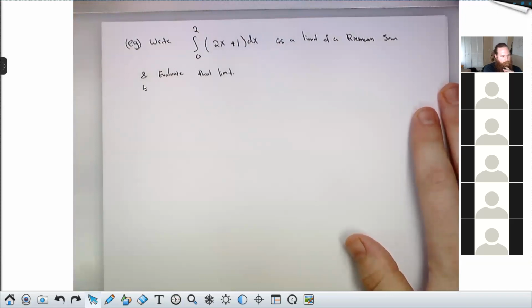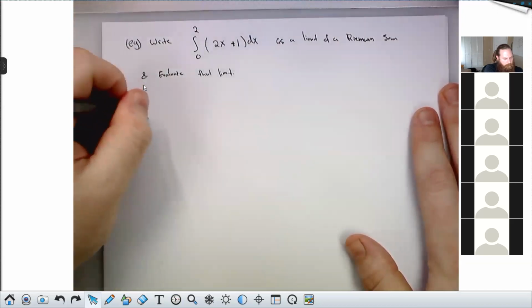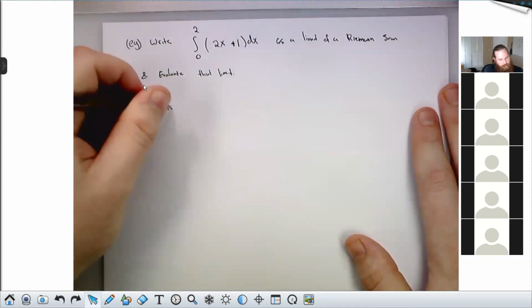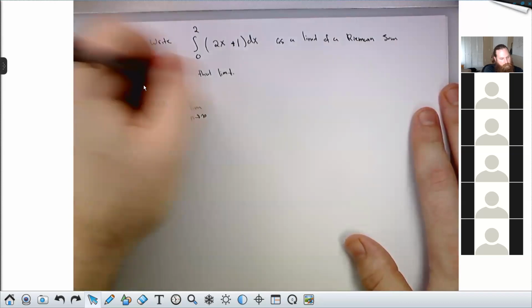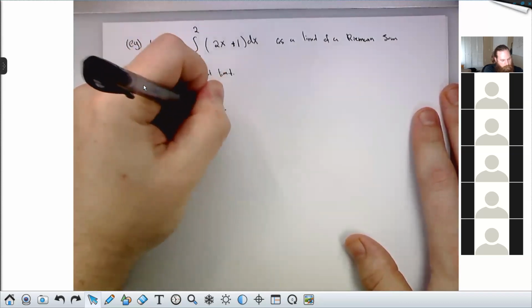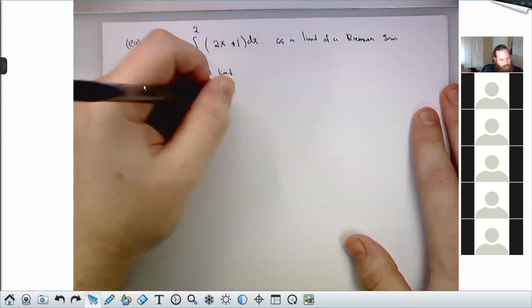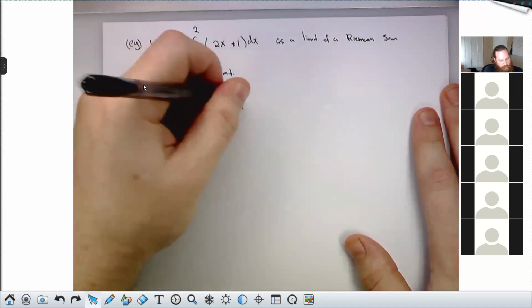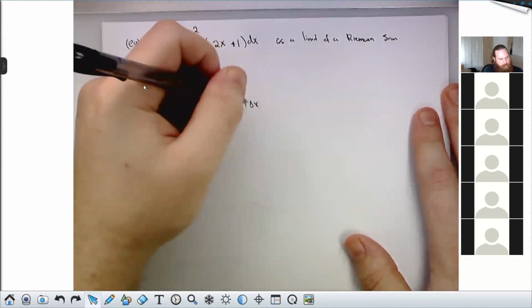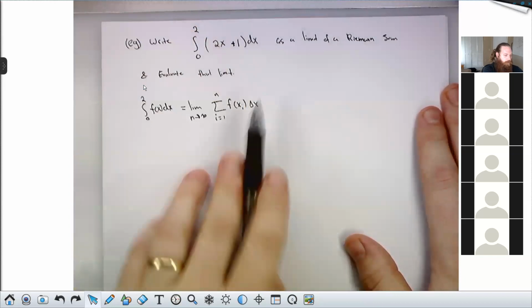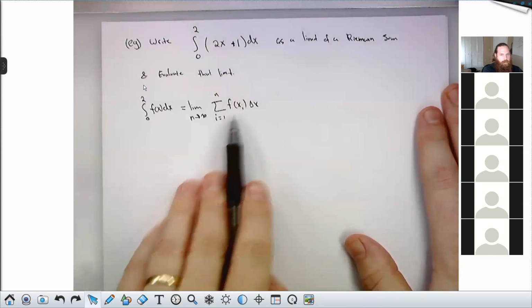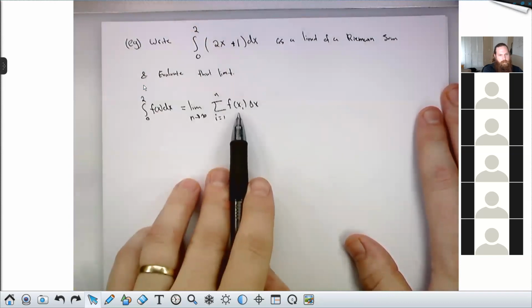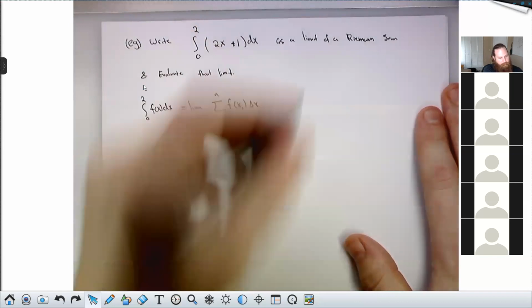So remember, the integral from 0 to 2 of f of x dx should be the limit as n goes to infinity of the sum i from 1 to n of f of x_i times delta x. So we need to compute delta x, compute the x_i's, and then plug those into f. Then we'll try to simplify this sum a little bit, and then we'll take the limit.